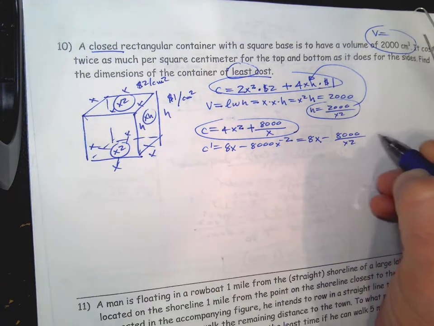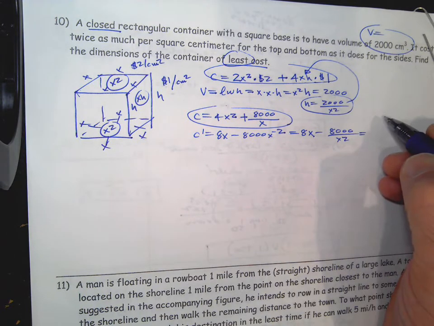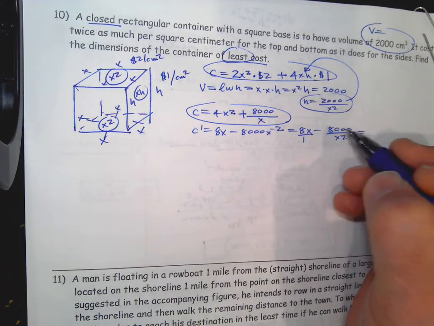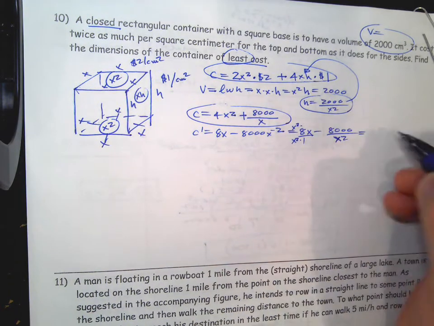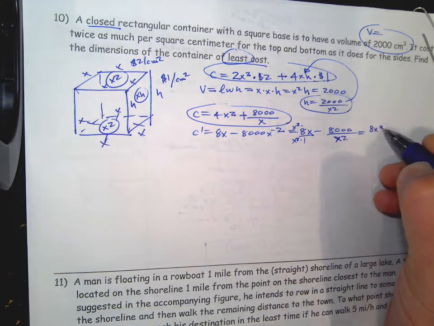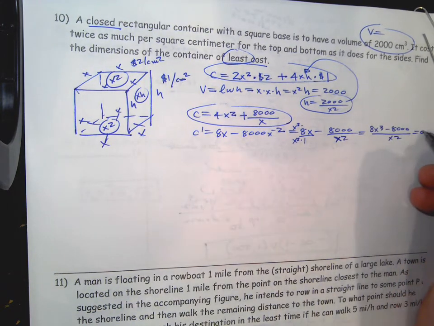So that's a derivative. We want to get it all in terms of one fraction. Some of you guys weren't doing this on the test. So we're going to multiply top and bottom by x squared. So we get 8x cubed minus 8,000 over x squared equals 0 or undefined.